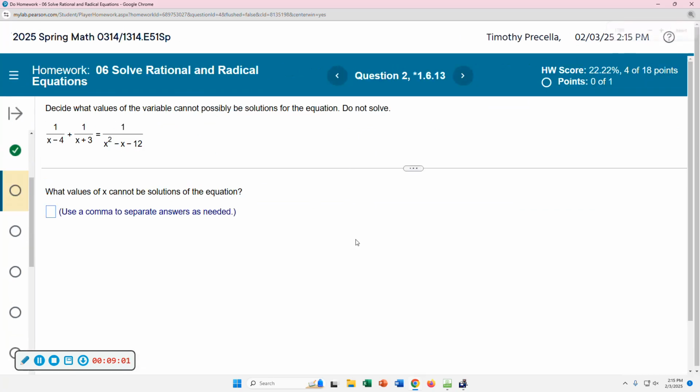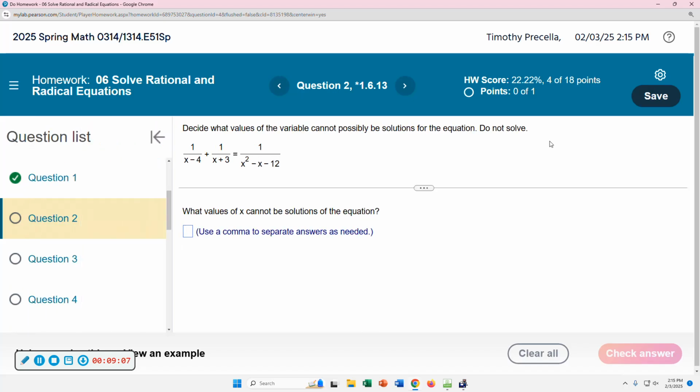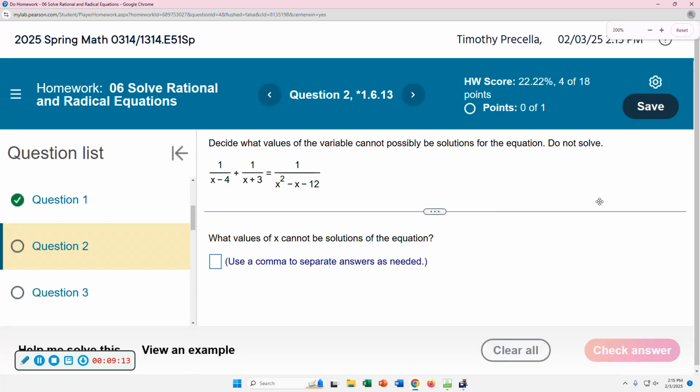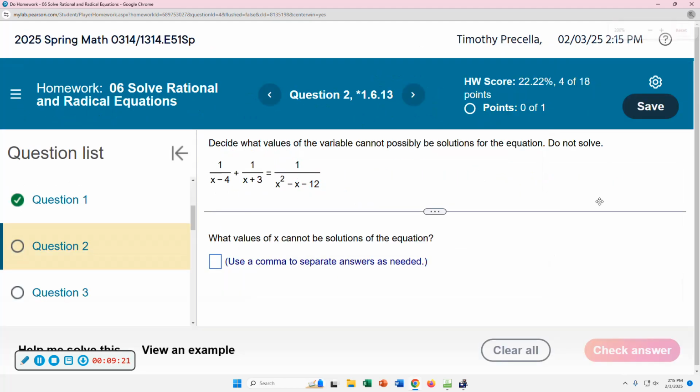Now it's too small. That's better? I guess so. Okay, here's another one. Same instructions. They want us to figure out which numbers can't possibly be solutions. Here there are 3 distinct fractions. So this is number 2. Let me write the problem down.